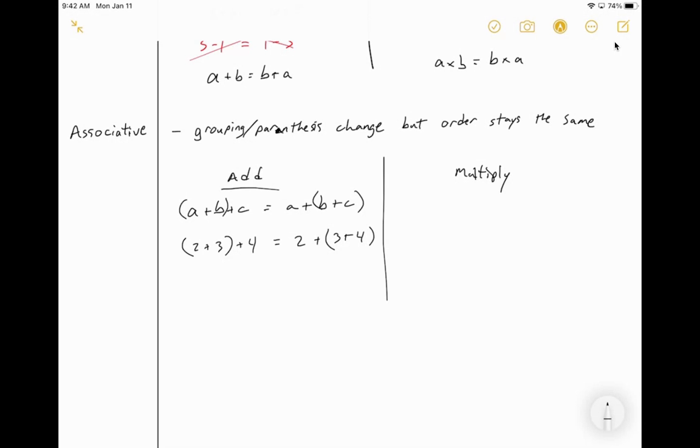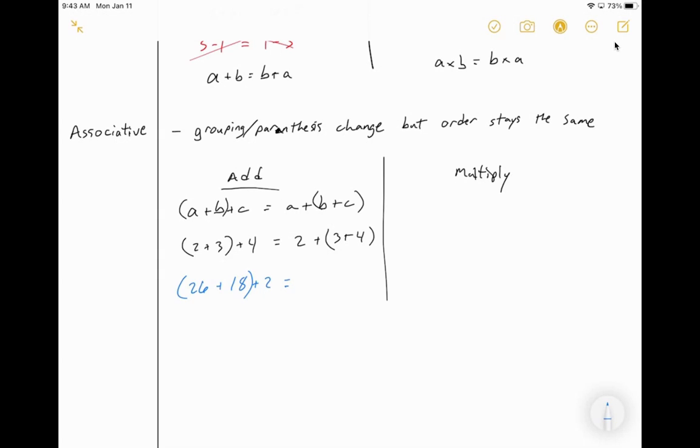Why does this matter? Let me show you another example of why this would be important. Let's say you had something like this, and we'll use big numbers to make my point. So let's say it was 26 plus 18 plus 2. Well, to me, what's easier is if I add the 18 and the 2 together first.